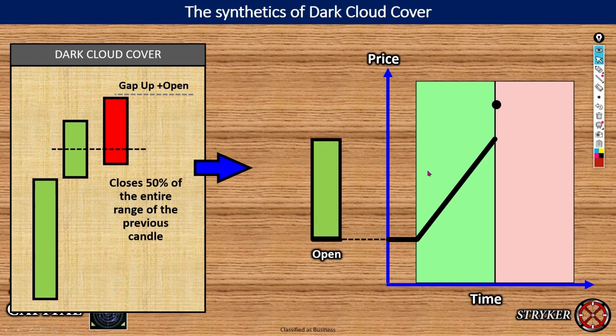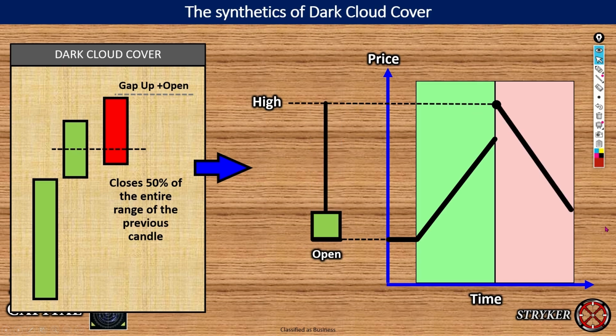So the first day is a bullish session, and the second day is a bearish session. I've shaded it pink. It opens at a high, so with these two combined, you have a huge green candle. Then after that it gets rejected, closing here, and then you have a bearish pin bar.